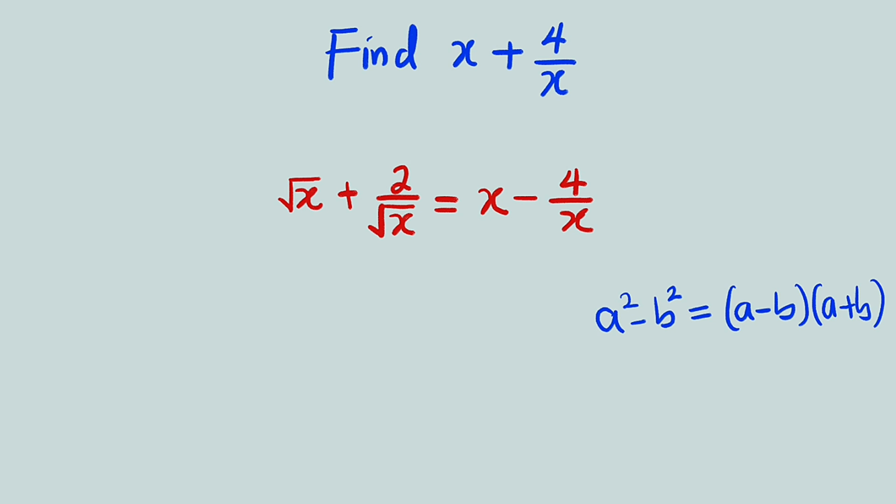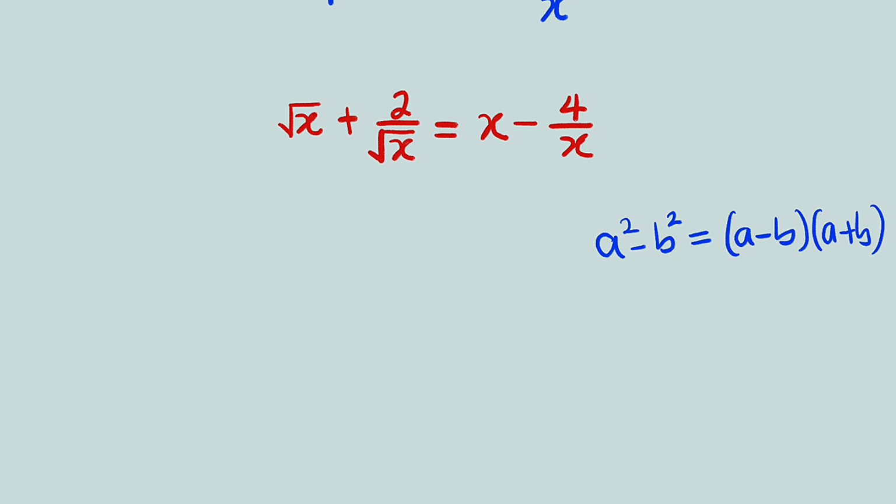So how can we do that? I want to transform this x into the square root of x squared. Remember that if you have square root of a also raised to the power of 2, this can always give you a. So what if it is x? We have square root of x squared. This is equal to x.